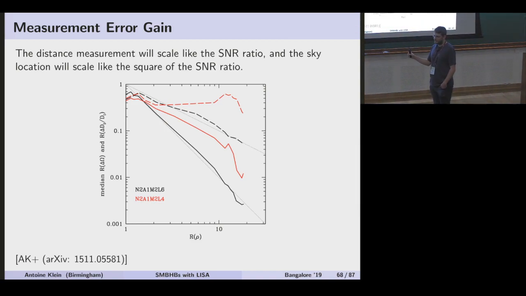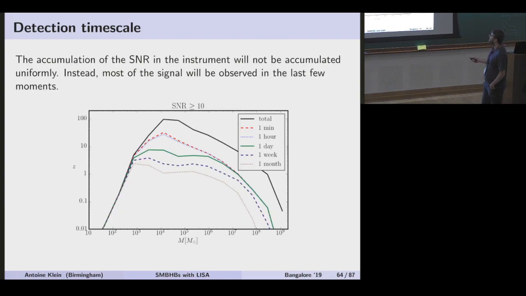It's the ratio between the total SNR and the SNR in the inspiral. If I go back here, let's say this is your total SNR, and say your inspiral stops 1 minute before merger, so this is your inspiral SNR.